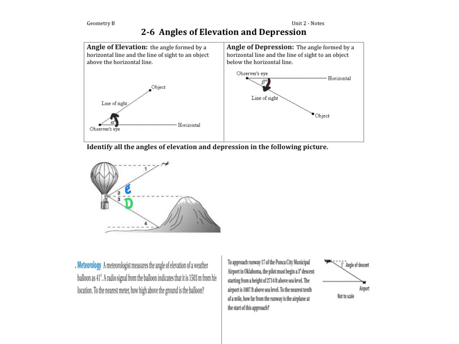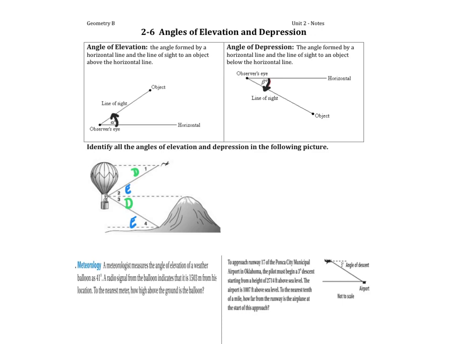If our point of reference is the bird looking down, so angle 1 is an angle of depression. And then finally, if there's a person on the ground and they look up, that would create angle 4, so that's an angle of elevation.